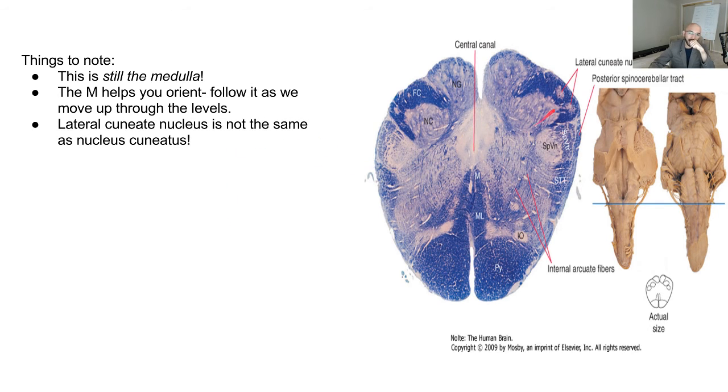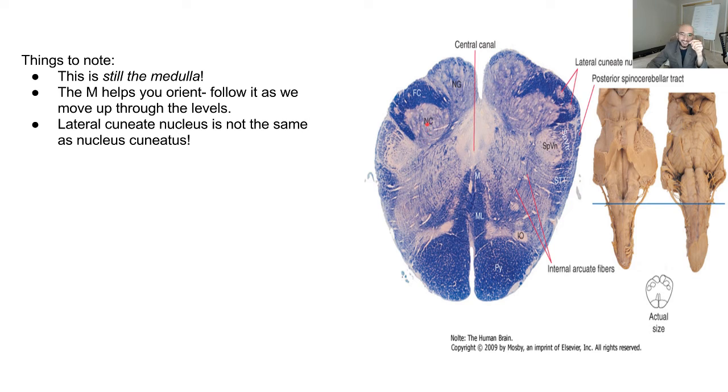We also want to take note of this thing out here. The lateral cuneate nucleus is not the same as the nucleus cuneatus, which is pretty obvious because the lateral cuneate nucleus is lateral. We'll talk about the internal arcuate fibers. The lateral cuneate nucleus is responsible for conscious proprioception, and it's a little bit lateral to the nucleus cuneatus.